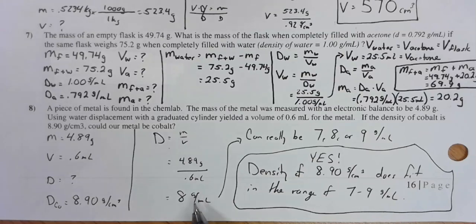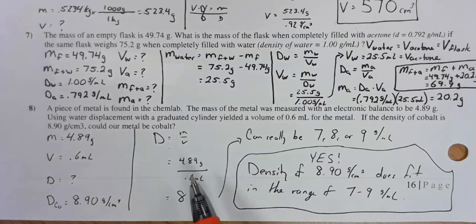Based on what we did in problems 1, 2, and 5 in this set, since this is the only digit, your true answer could be either 7, 8, or 9 grams per milliliter. It's important to recognize that this is not 100% certain because we had some potential error in finding this.